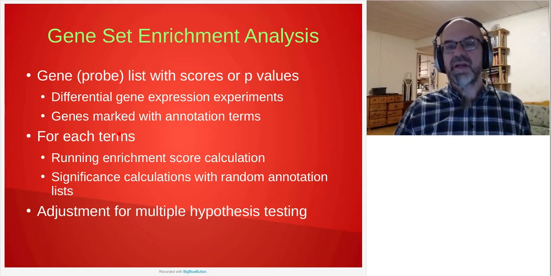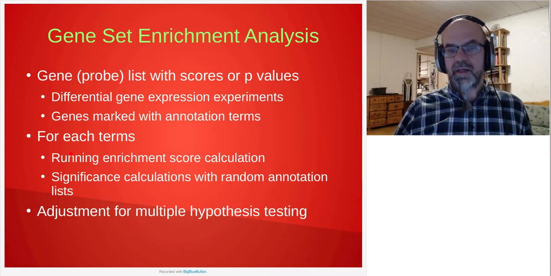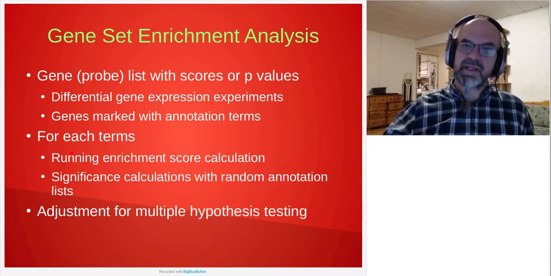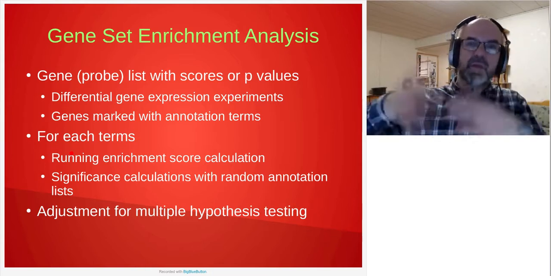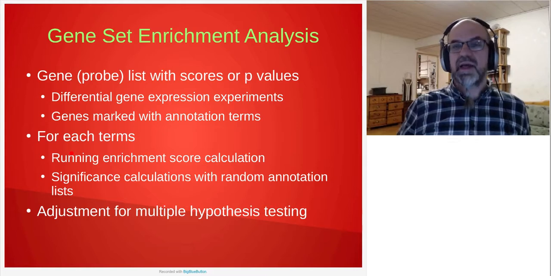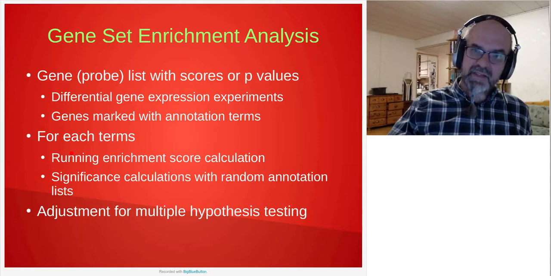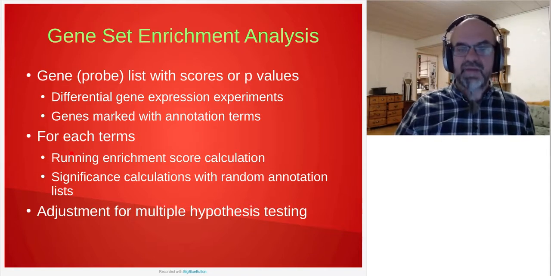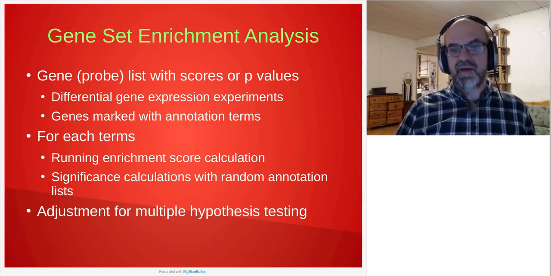Again, we perform a calculation for each annotation term one by one, and we compare the results of that calculation to random gene lists. So when we randomize the order of that gene list, we want to see if the score we have calculated is similar or not. Of course, because we perform this for many terms multiple times, we have to adjust the p-values.